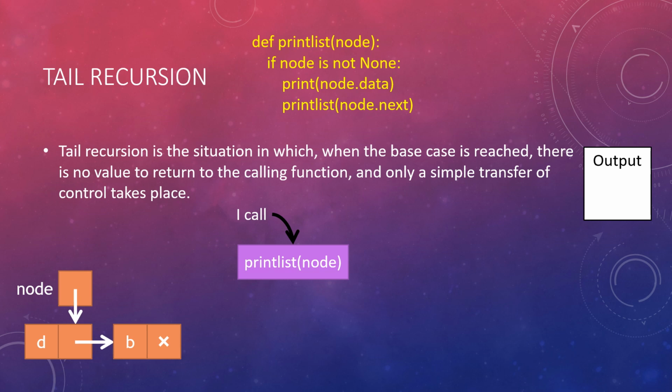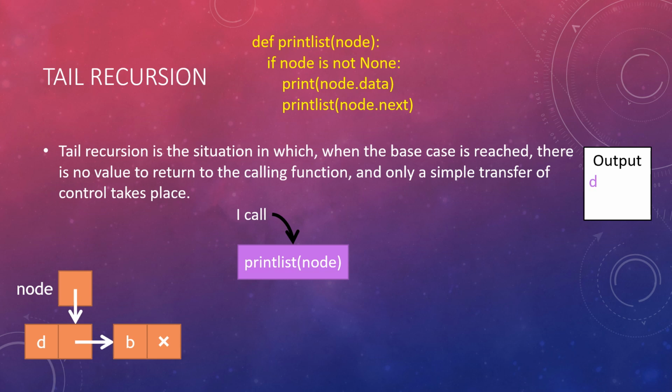Inside the body of the function, it checks if node is not none, and node is not none. So it prints node.data. The node to which this pointer points contains D. So D is printed.